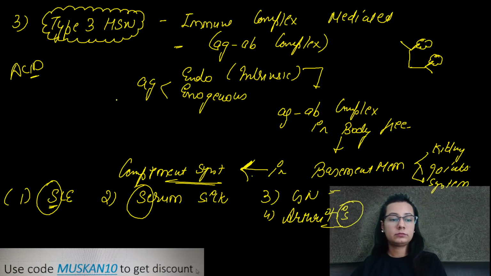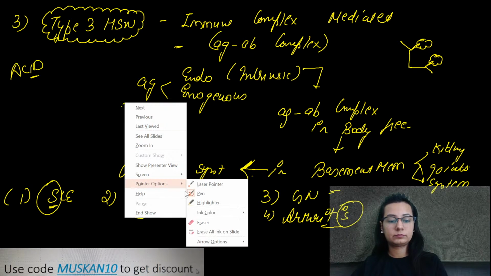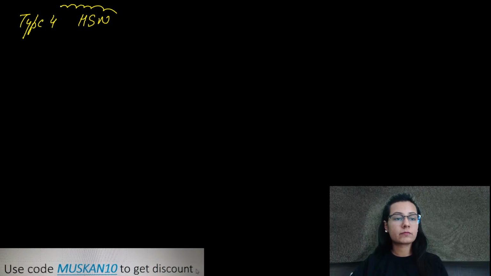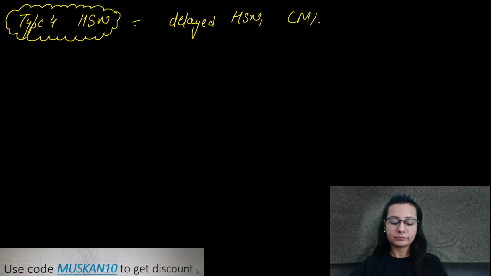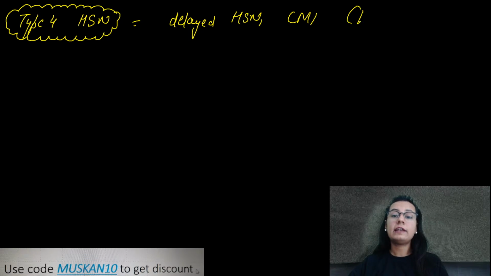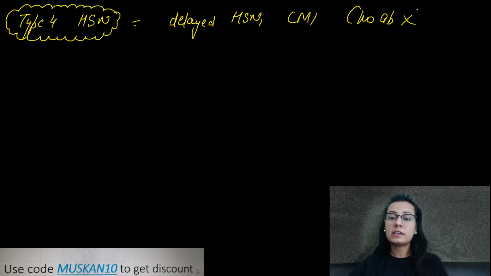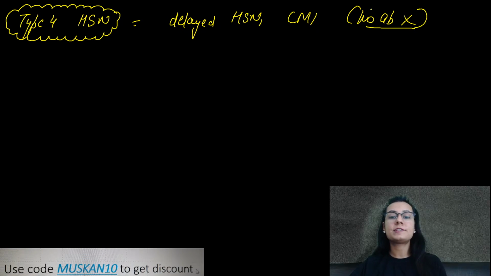Now, when we talk about type 4 hypersensitivity, what is it? It is a delayed hypersensitivity and cell-mediated hypersensitivity, and here no antibody takes part in the hypersensitivity reaction.